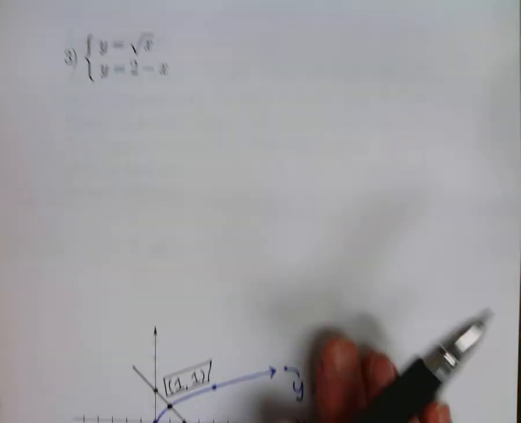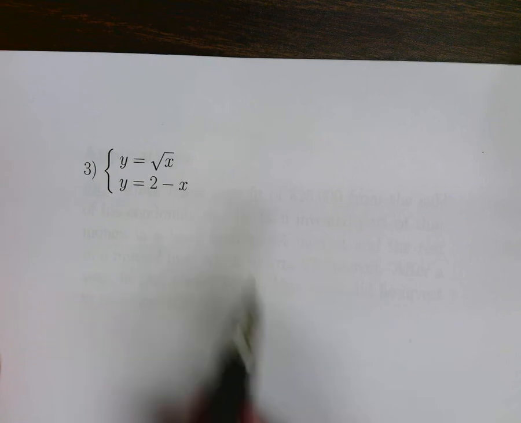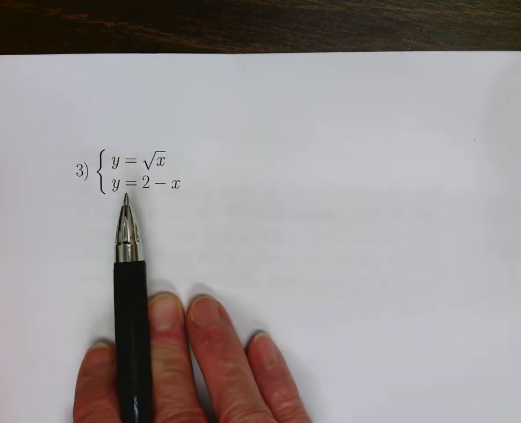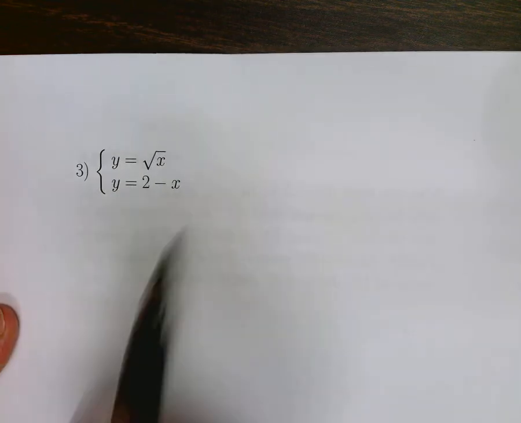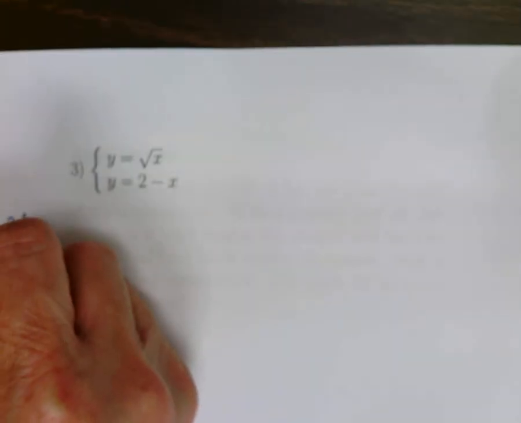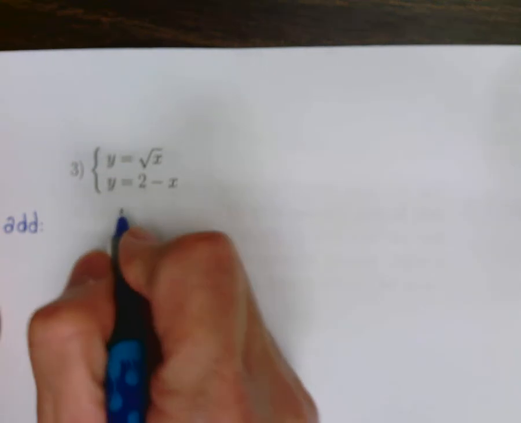Okay, now let's solve it algebraically and see if that works. And here again, I think I would use elimination, and I would just add the two equations. Actually, I guess I'll subtract. I'll add the opposite. So let's add the opposite.